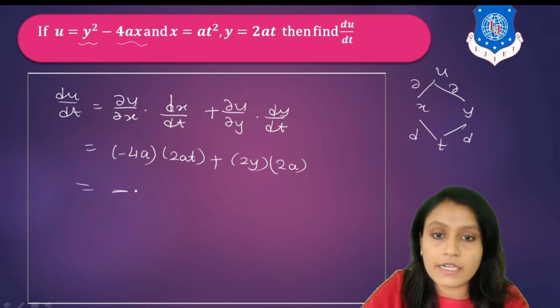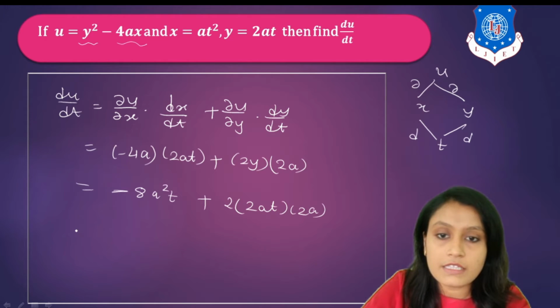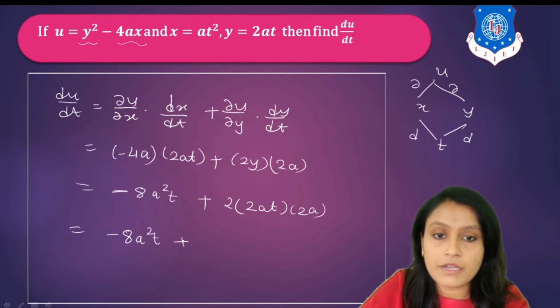From this you will get minus 8a square t, plus 2, and in place of y write 2at into 2a. Simplify this further, so you will get minus 8a square t plus, now 2 into 2 into 2, so 8 again, and a square t. So this will get cancelled and the answer is 0.